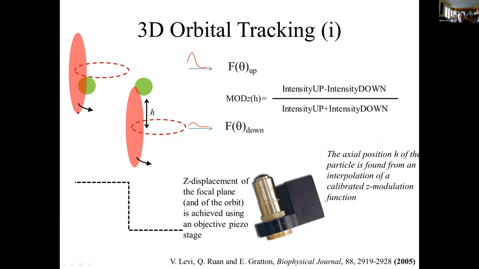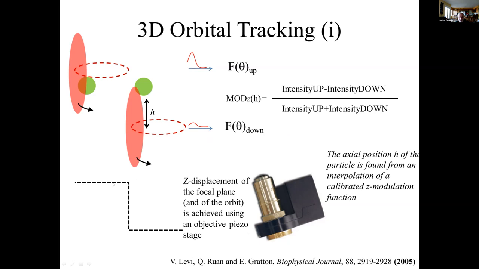If the particle is down, the lower intensity will be obtained. So essentially, the modulation is obtained by the ratio: intensity up minus intensity down divided by the sum of intensity up and intensity down, which is the formula for the GP. So essentially, 2 orbits, one up and one down, will give us the average position of the particle in the z direction.